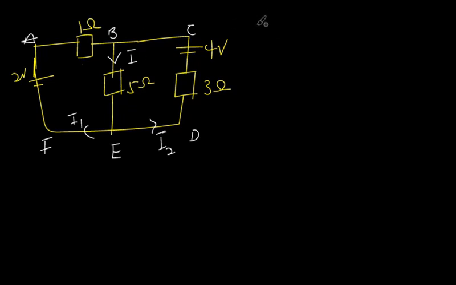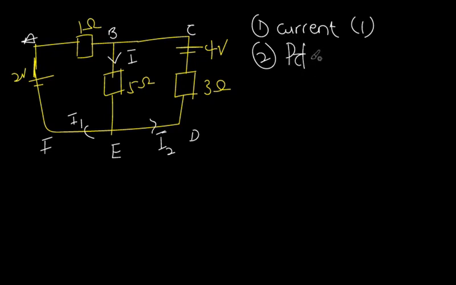Okay, 1, find the current I in this example, and then 2, the potential difference. Okay, the potential difference across what? B, E. So this is the question that we are being given to solve.